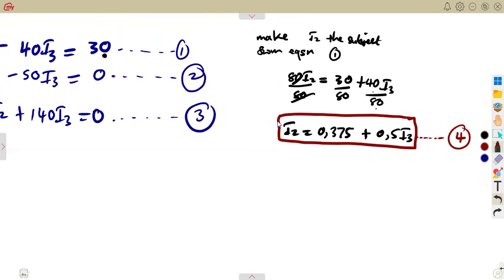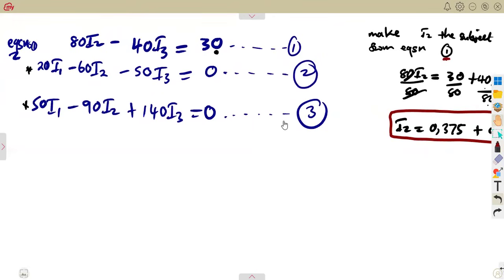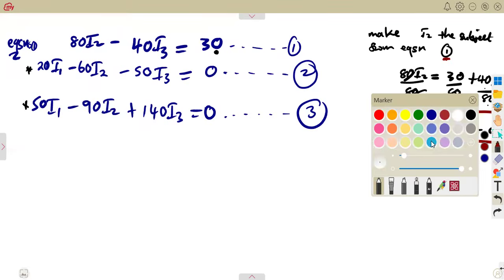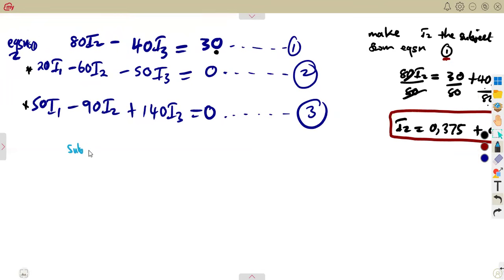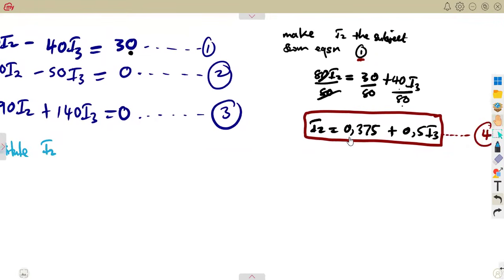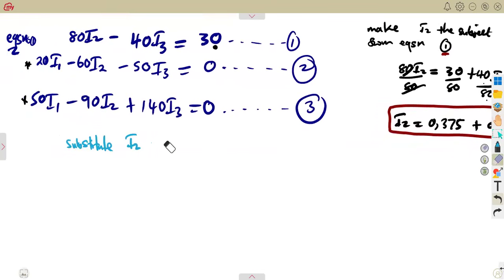So we have made I2 the subject from equation 1. Like I said, you're making this so that you substitute I2 into the two remaining equations, equation 2 and equation 3. So you're going to substitute I2 from equation 4 into equation 2 and 3.